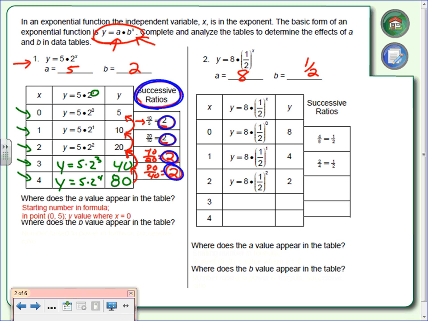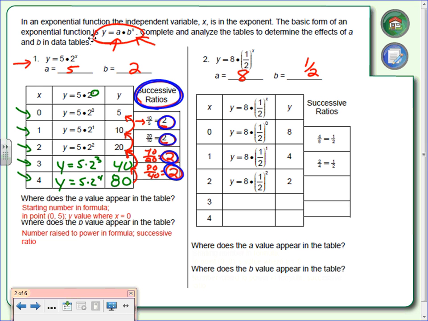Successive ratio. So where do we find the B? It's the number raised to the power in the formula, and it's the successive ratio. It's that number we get after we divide.